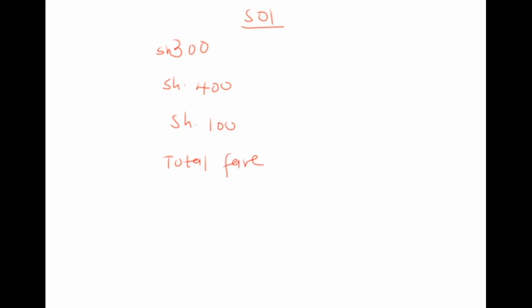The total fare we shall have 300 plus 400 plus 100. The total fare will be 800 shillings.